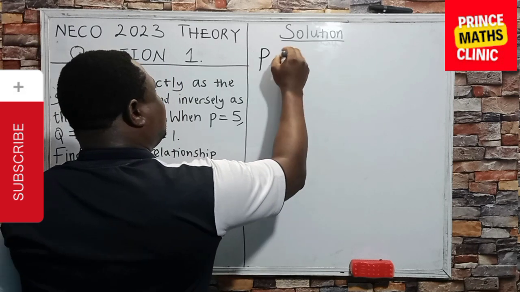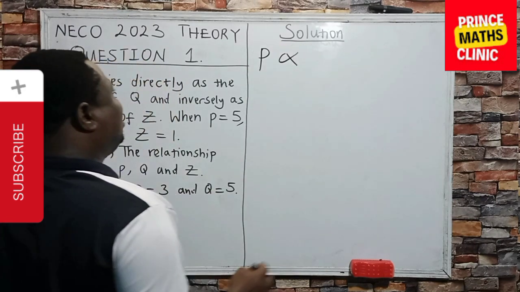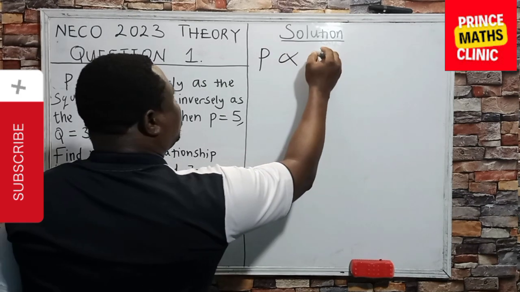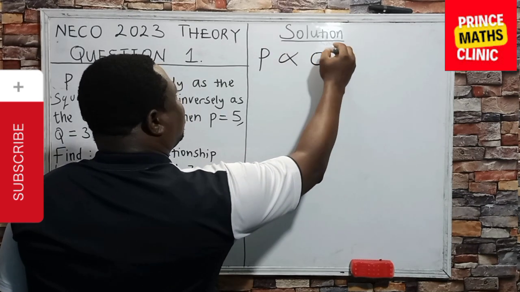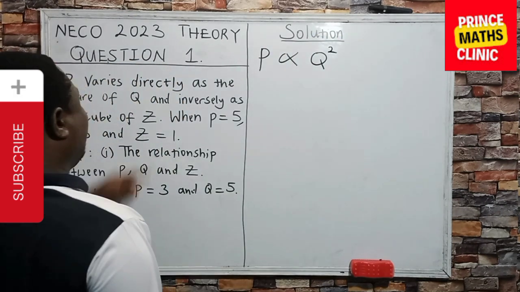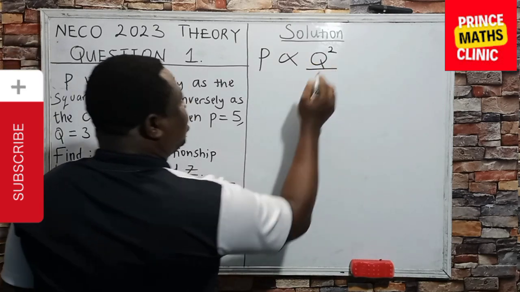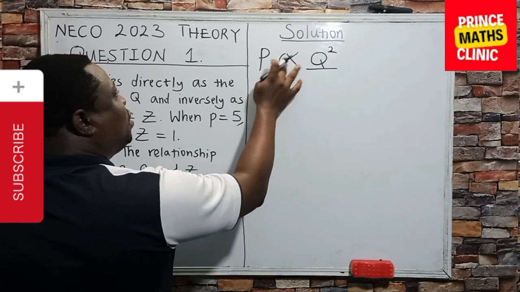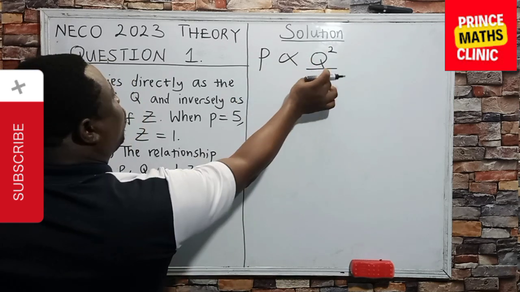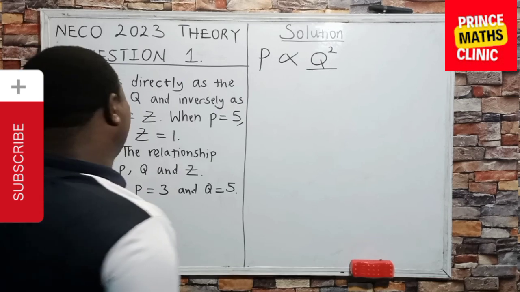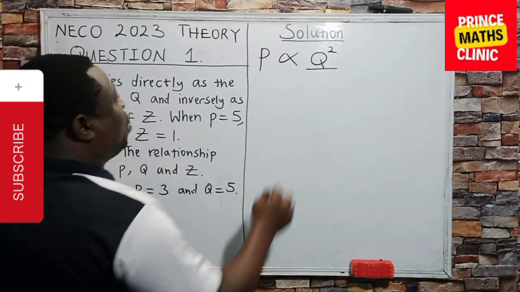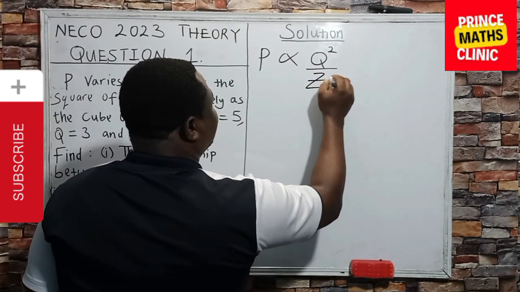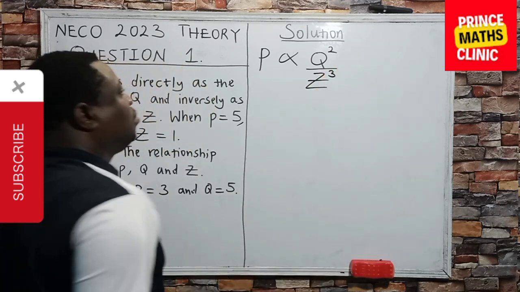P, this is the symbol for variation. Directly means just like this, square of Q. Inversely means divided, right? If it were just inversely, it would have been this symbol, 1 over whatever it's inversely proportional to. So they said the cube of Z, so this becomes Z to the power of 3.